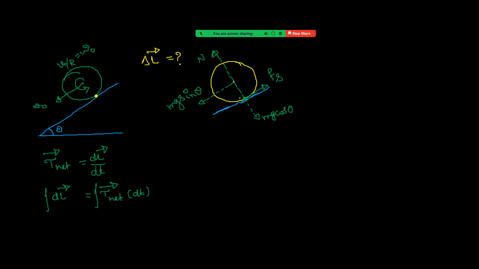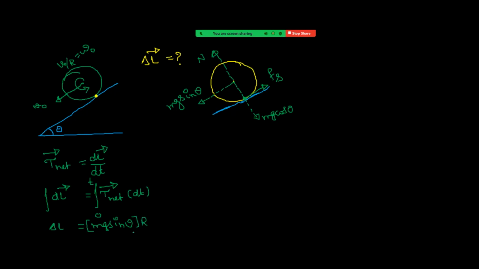It is a constant. That means I can write the change in angular momentum, taking the modulus value, equal to the net torque, which is constant, so I take it outside: mg sin theta into r.